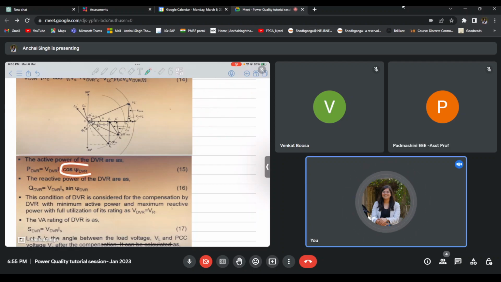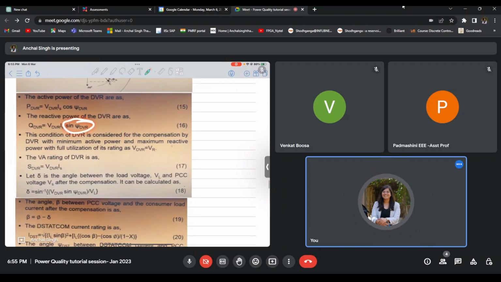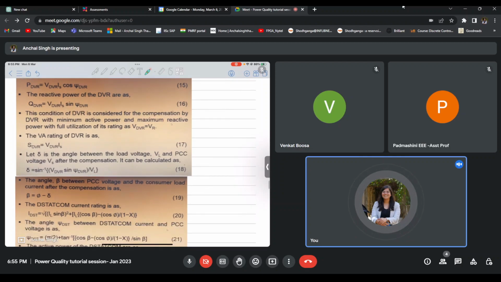The in-phase component is the cos phi component and the quadrature component is the sin phi component. This condition of DVR is considered for compensation by DVR with minimum active power and maximum reactive power, full utilization of its rating. Therefore, VDVR is considered as VR, so the VA rating can be directly written as VDVR into IS.